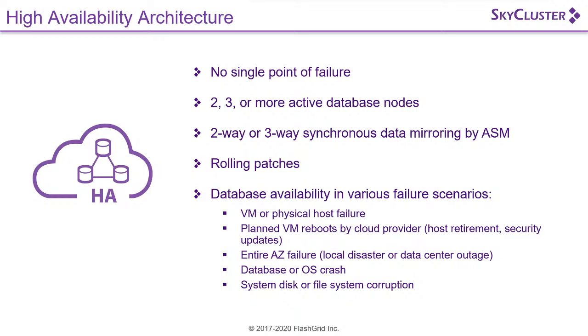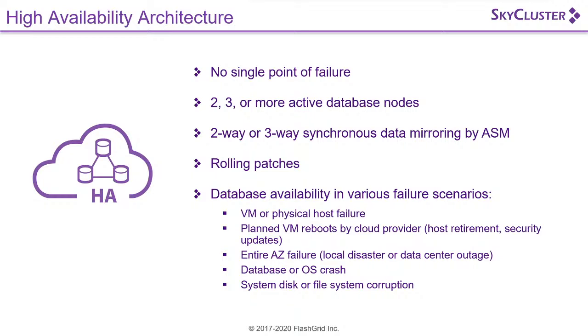So like I said, if you lose one of the nodes, or maybe even two, you still can have one or two more data copies up and running so that the surviving database nodes can continue operation. You also get the rolling patches.